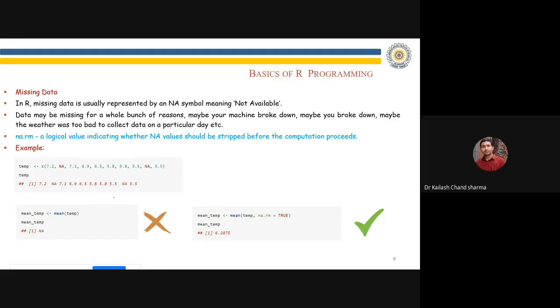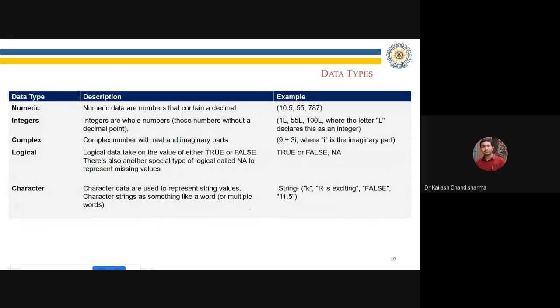Suppose you want to calculate the mean value of this temp parameter. We can write mean of temp, with na.rm equals TRUE. This statement removes the NA values, so we get the mean value of this array. If you directly use the mean, you can see it shows NA, not applicable, as the output. So this is a very important feature.